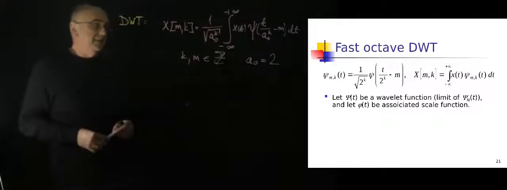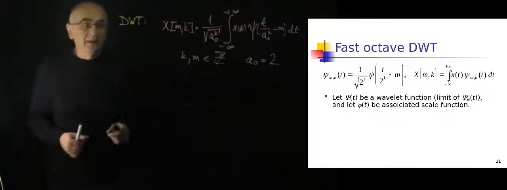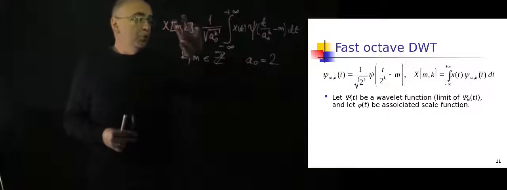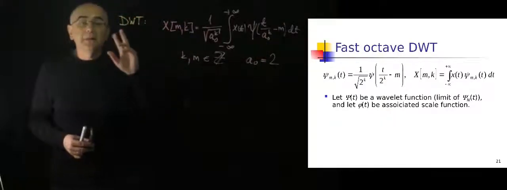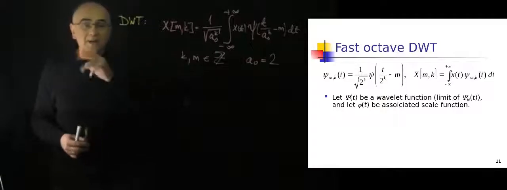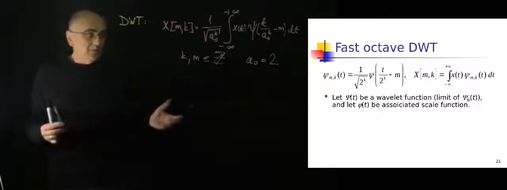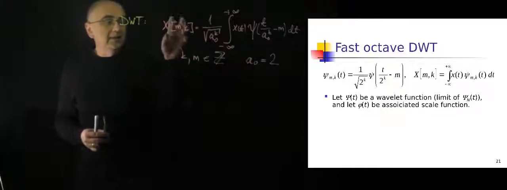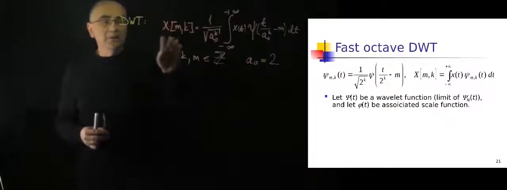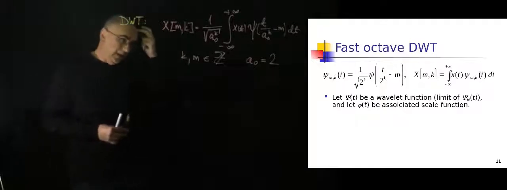In that case, my plan is not to calculate this integral even once. So how is it possible? I will still calculate the wavelet coefficients exactly. How to do that?